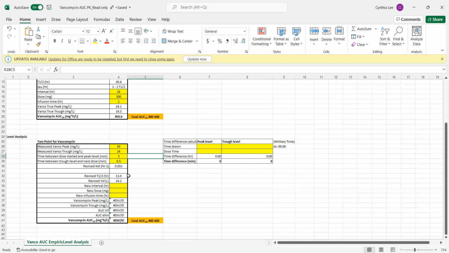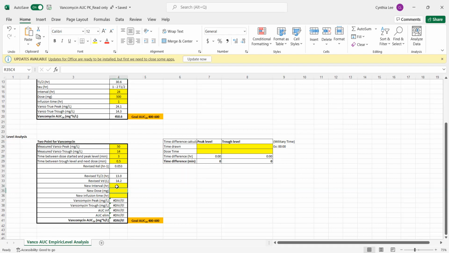So this is real data versus this is more anticipated, right? Based on the calculation, we predict it's going to be 450. But then you're going to get real levels, and based on this number, you can get a new dosing in terms of what would give them the perfect dosing. So this one is real clearance value.